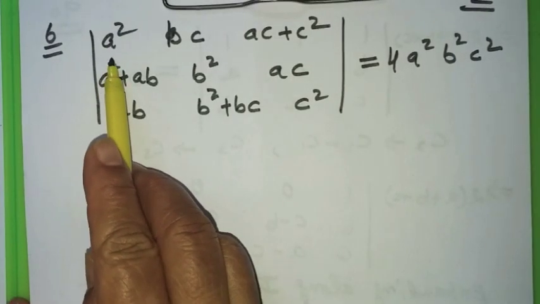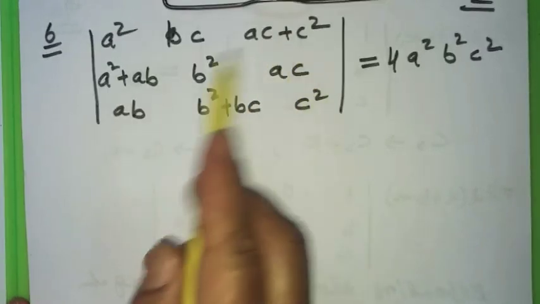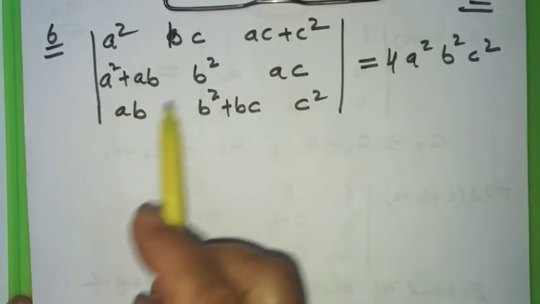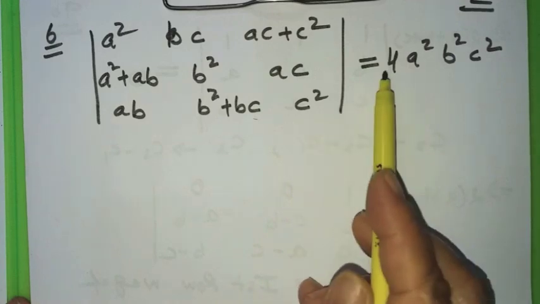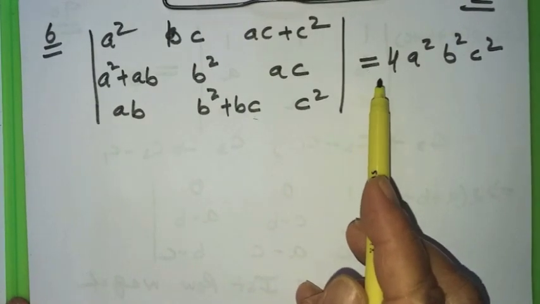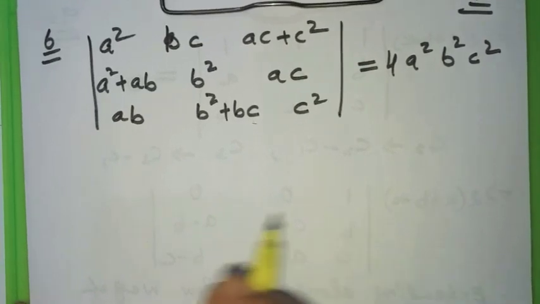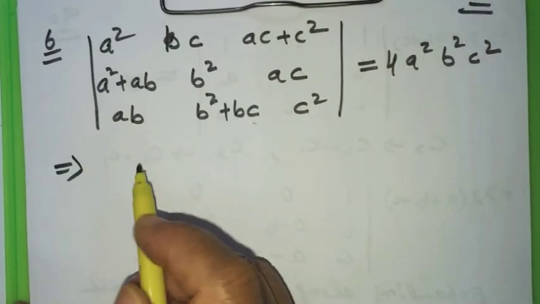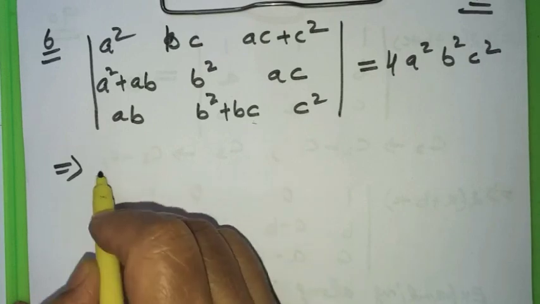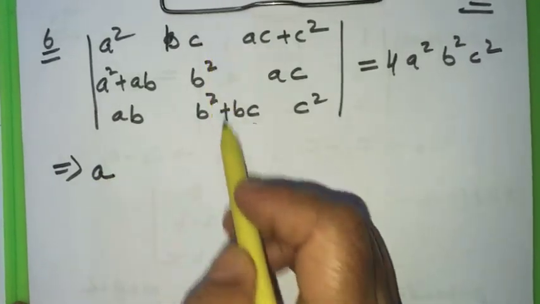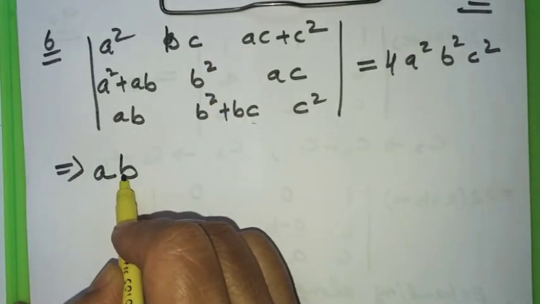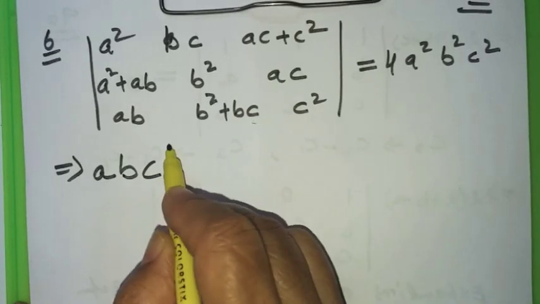The given determinant is a square, bc, ac plus c square, a square plus ab, b square, ac, ab, b square plus bc, c square. It is to be proved that this is equal to 4a square b square c square. So in this determinant, what I can do is, from the first column I can take a common, from the second column I can take b common, and from the third column I can take c common.